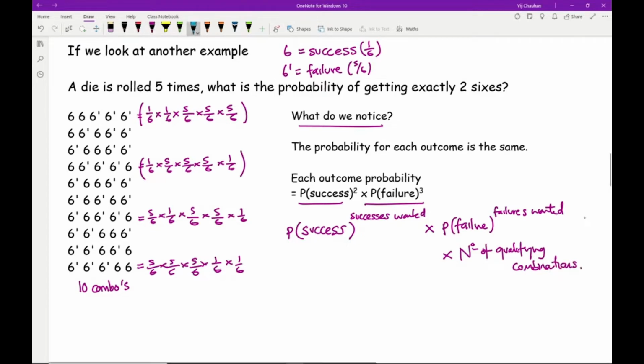So to work this particular question out, what I need to do is 10 times 1/6 to the power of 2 times 5/6 to the power of 3.